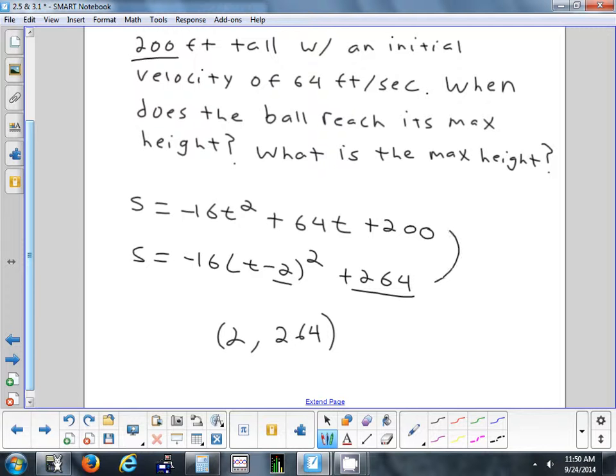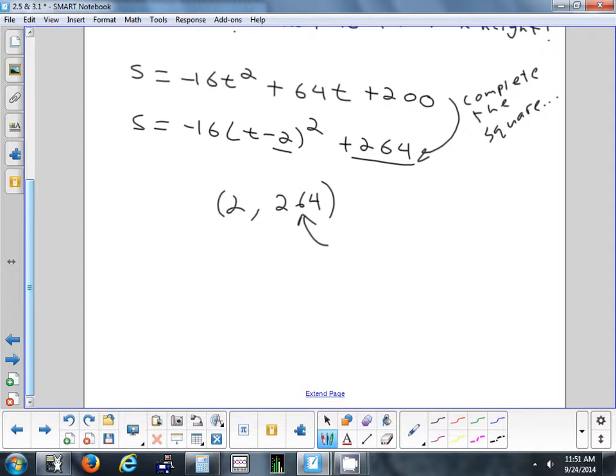So I'll just write what you would do. What that means is our vertex, that's the highest point, that's our maximum. This is the height that the ball would reach. This is the time it would reach it.